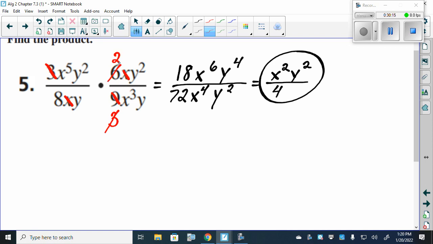This would be 2. This 2 and this 8 would simplify to 4. And we could do it that way. It's all in how you see it and kind of keep track of it in your head. If what I just did is a little much, that's fine.